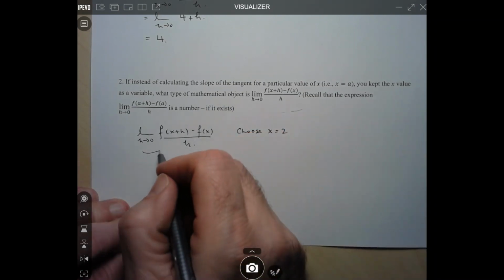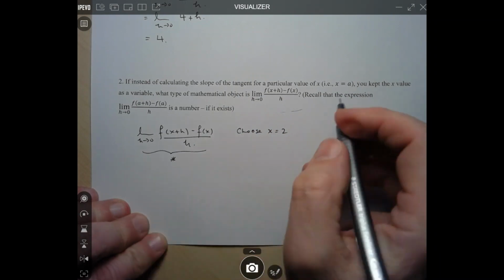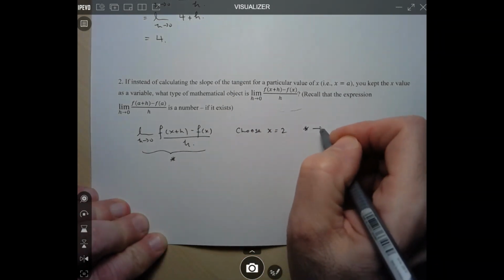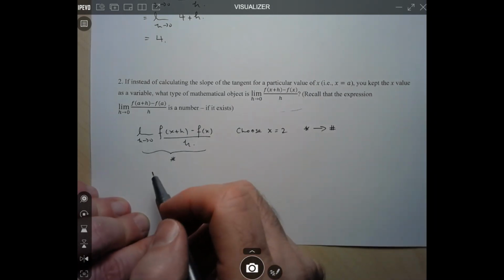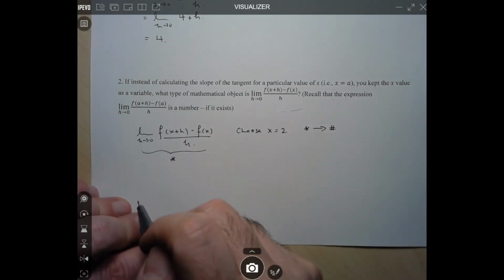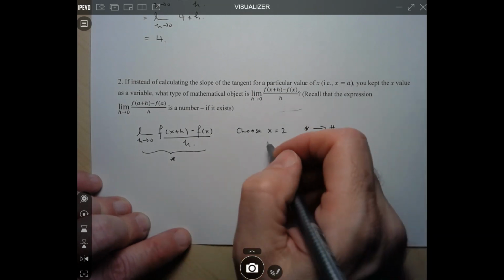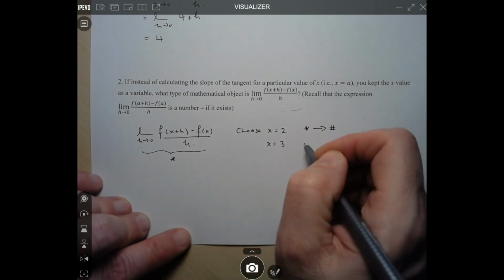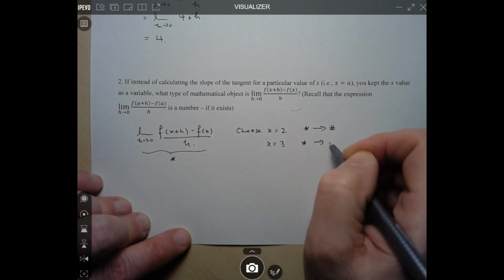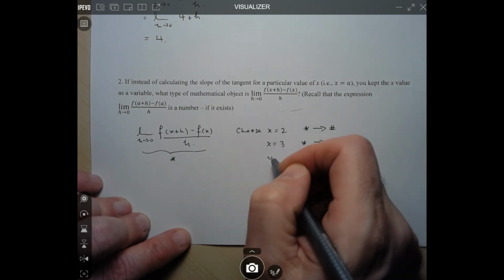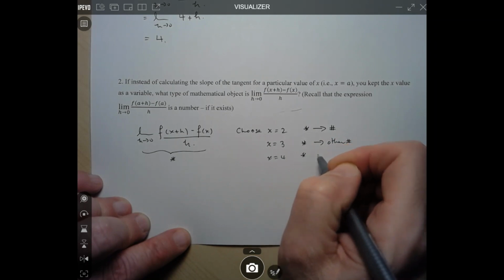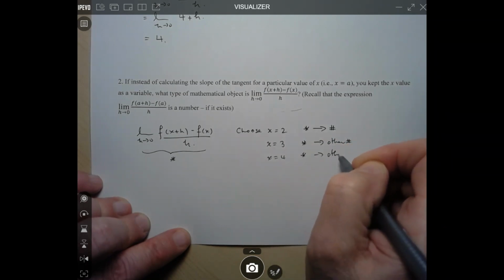This expression, let me call it star, is going to produce some number, because that's what a limit produces, a number. If I choose x equals 3, this is going to produce some other number. And if I choose x equals 4, this is going to produce some other number.